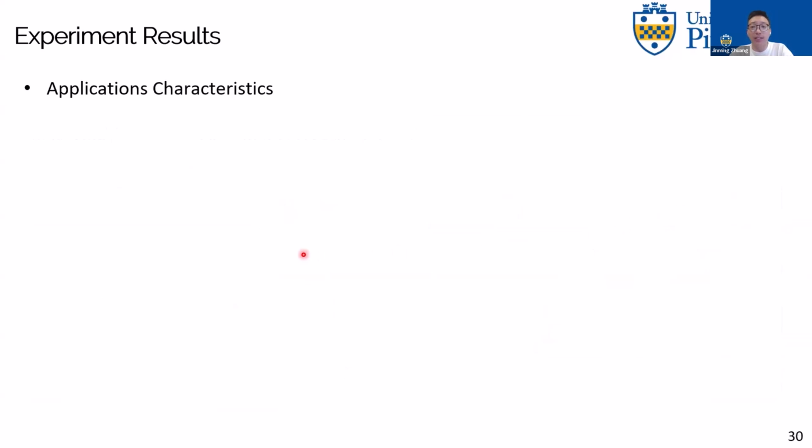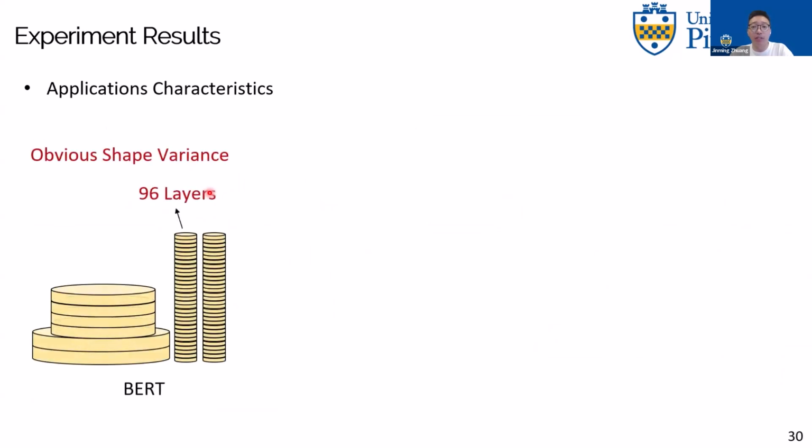So we visualize the characteristics of the applications here to help explain our results. The exact size of each application here can be found in our paper. For BERT, there are 6 relatively larger layers and 2 types of batch matrix multiply, or what we call multi-head attention, containing 96 smaller layers within each type.